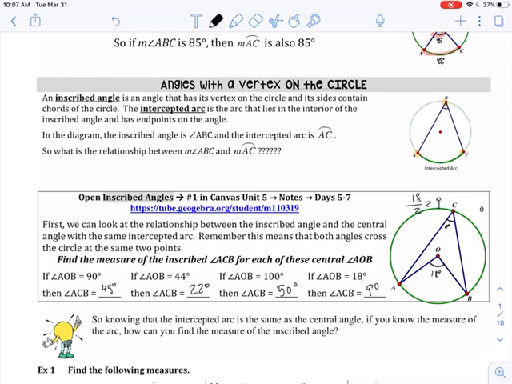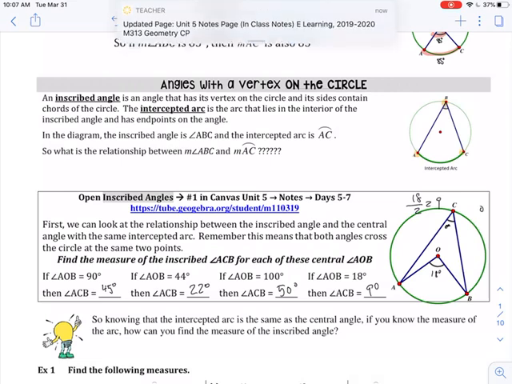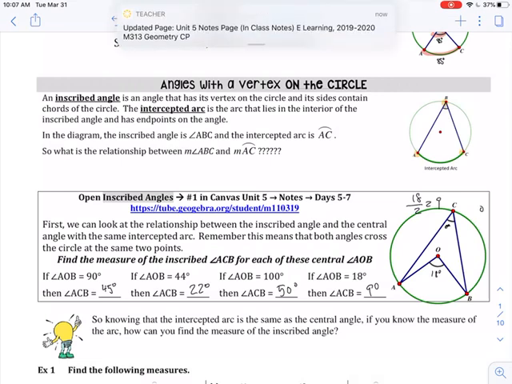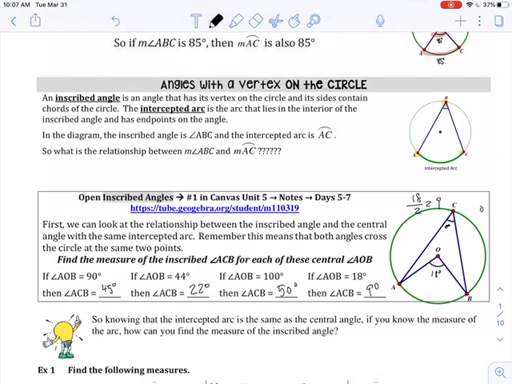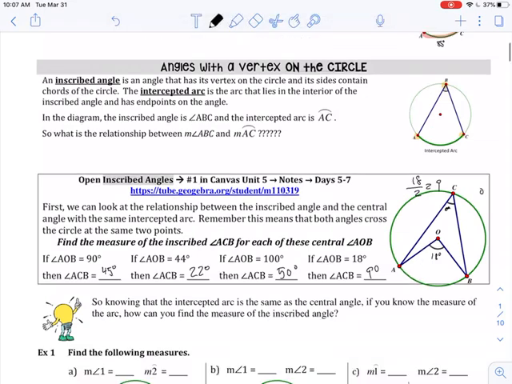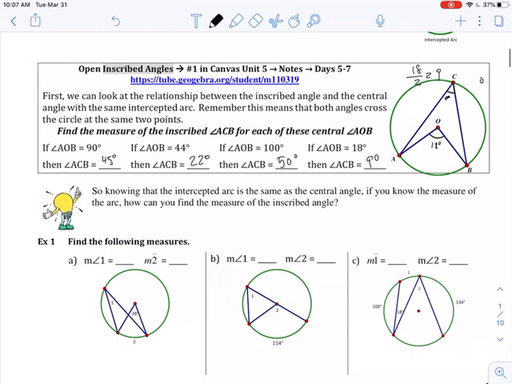Okay? So those are the two relationships we're going to look at with inscribed angles when it's on the side, or the center angles there. So let's go down and look at a couple examples here.